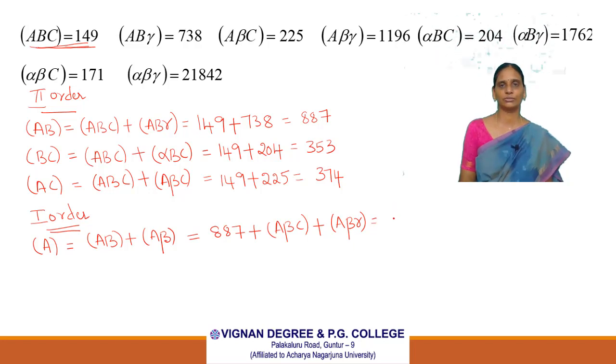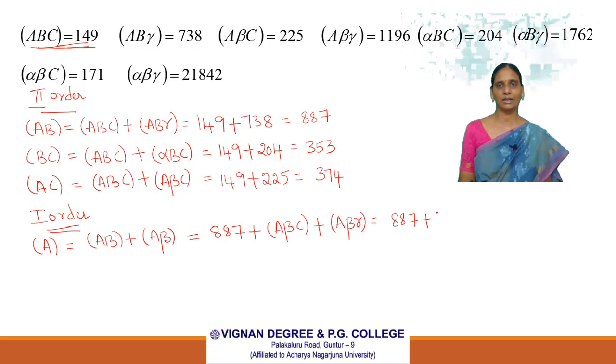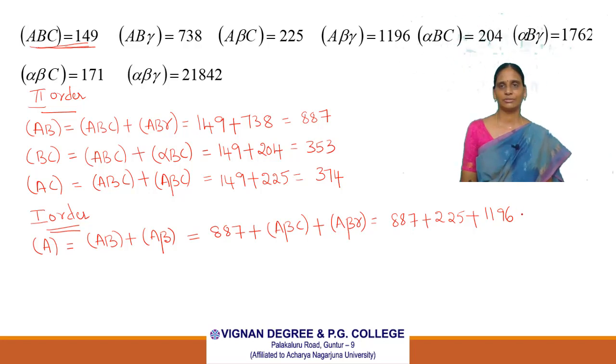This is equal to 887 plus frequency of A beta C value 225, frequency of A beta gamma value 1196, and the sum of the three values is equal to 2308.